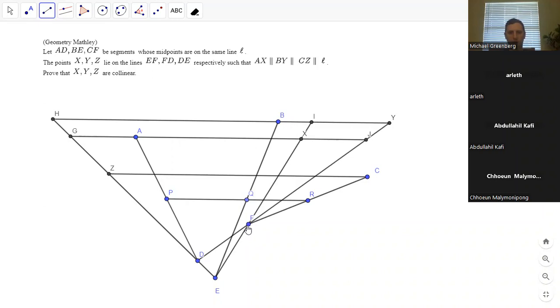So if they were collinear, I'd want to project X, Y, Z, but we don't have a point at infinity. That's the thing.